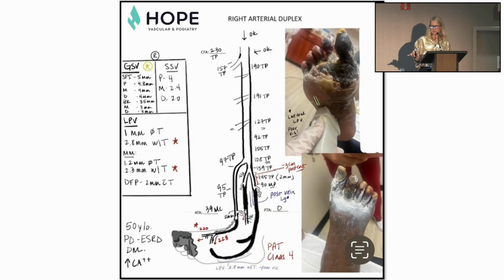So this was one of the patients at Hope Vascular and Podiatry in Houston. You can see this patient's got significant tissue loss. She's on dialysis, and she's diabetic, and she has that disease pattern that as soon as I saw that, I am mapping her for a venous arterialization. Now, she has a very small lateral plantar vein.